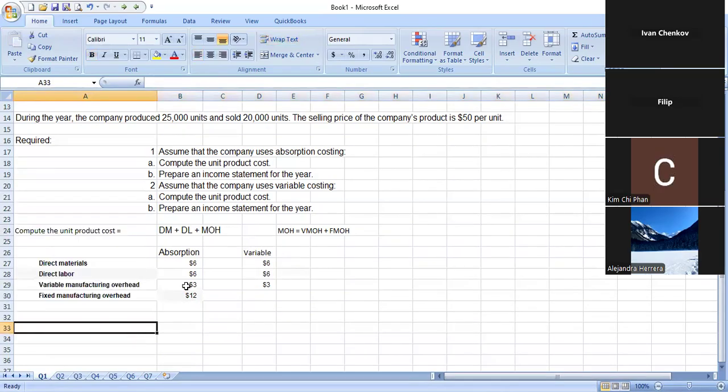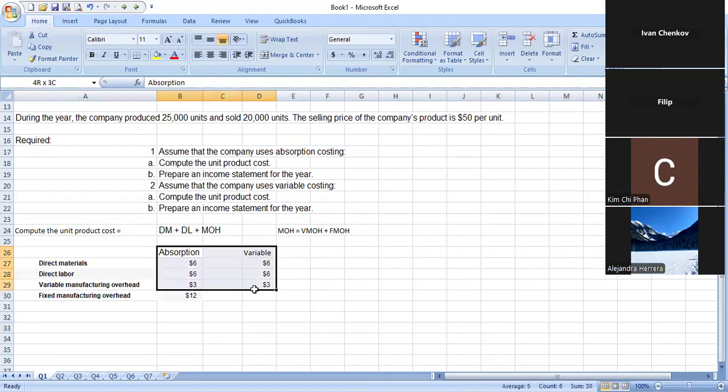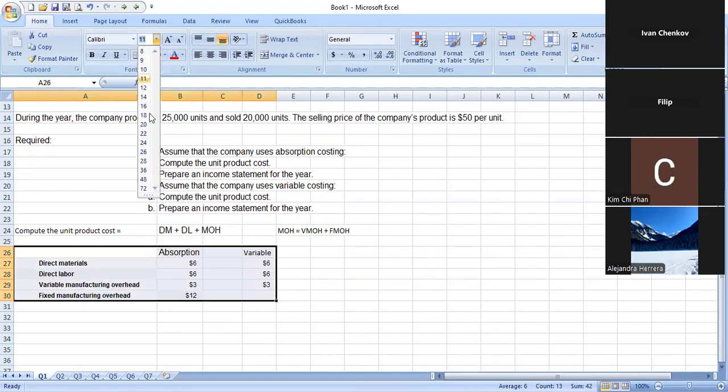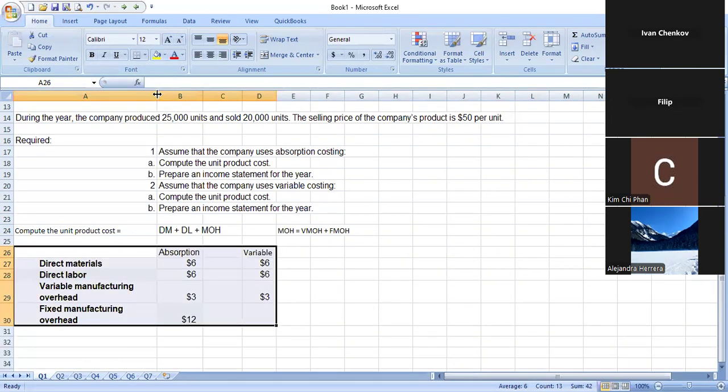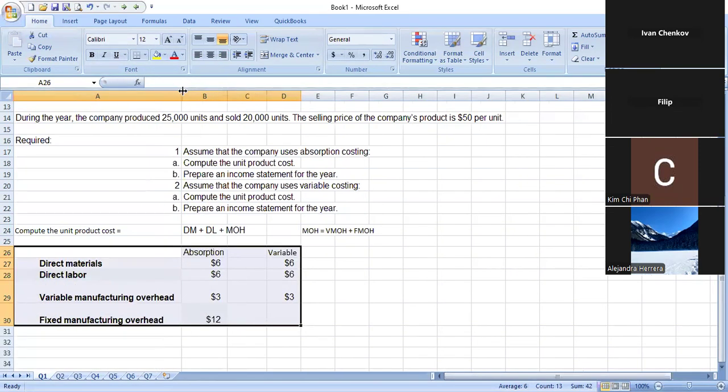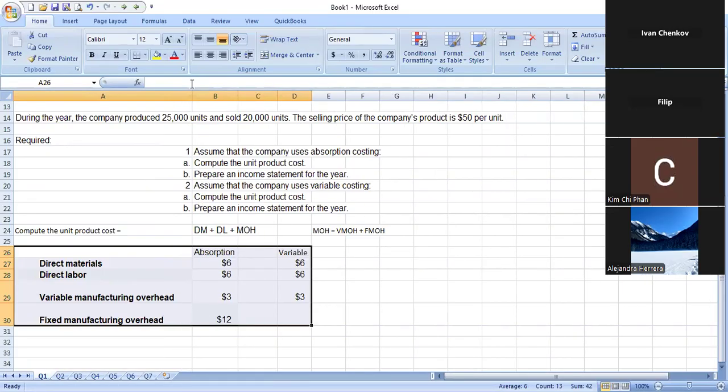Now, what's the only difference between variable and fixed? One of them doesn't change based on how much you sell, and one of them does. Okay, that's the general thing.